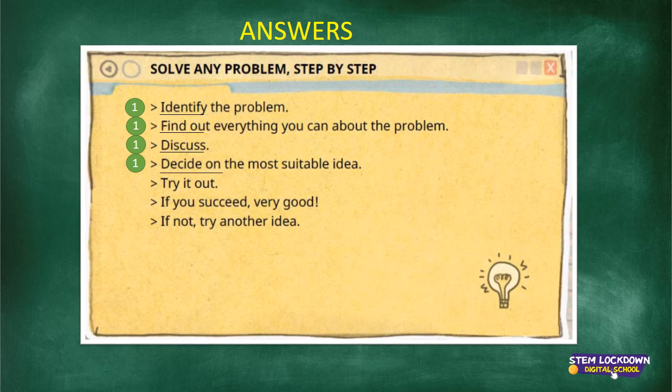Another mark for decide on the most suitable idea. Another mark for try it out. And then if you succeed, very good, and a mark for if not, try another idea. So that makes 6 marks.